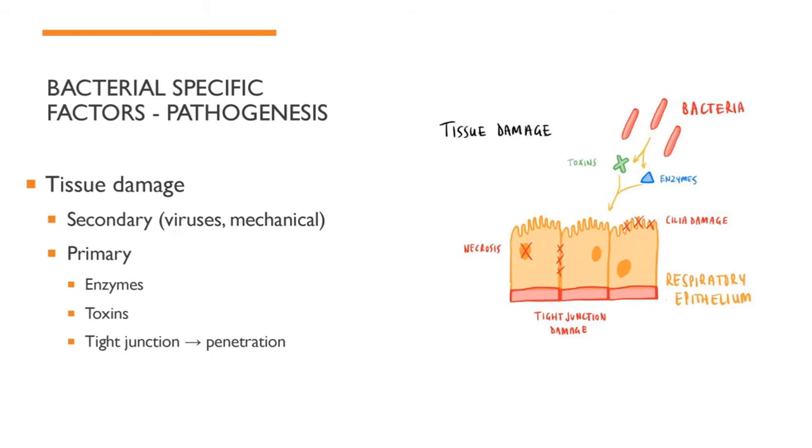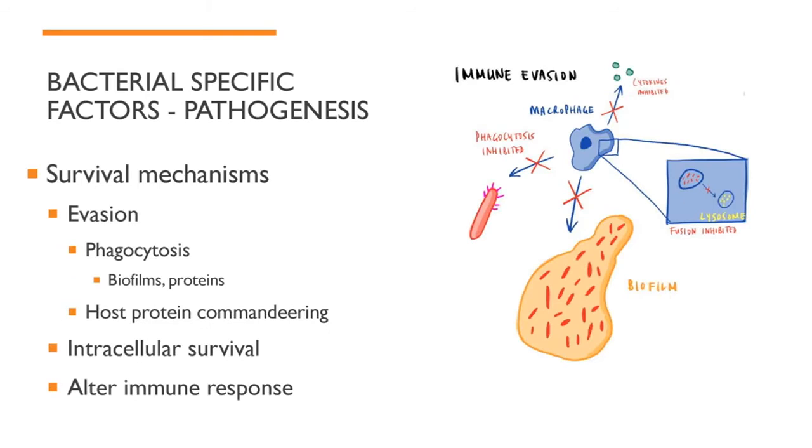Separation of tight junctions between cells allows pathogens to invade through epithelial layers, penetrating deep tissues and causing further inflammation and damage. Pathogens continue to survive in the host by evading or damaging the immune response. Surface structures allow many pathogens to evade phagocytosis, such as Klebsiella, where capsular polysaccharides inhibit phagocytosis.